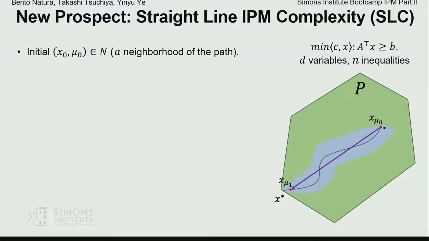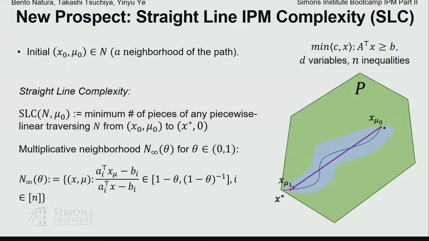Okay. So basically another one is given by this group of researchers, as I said, Tunçel and those four people, and they developed another, different notion called the straight line IPM complexity.